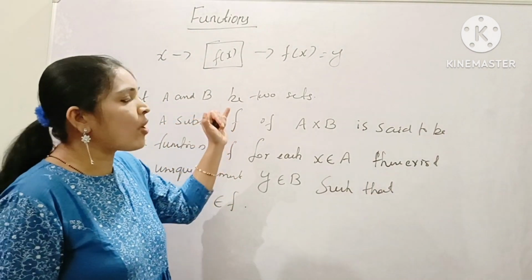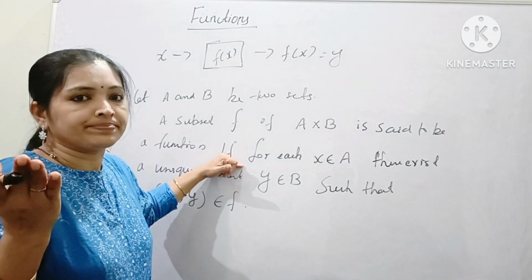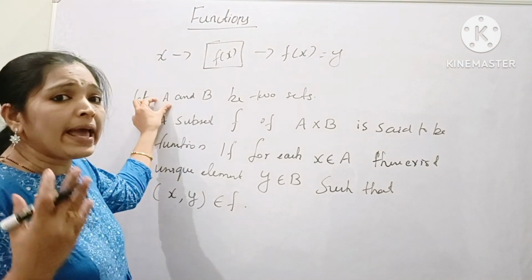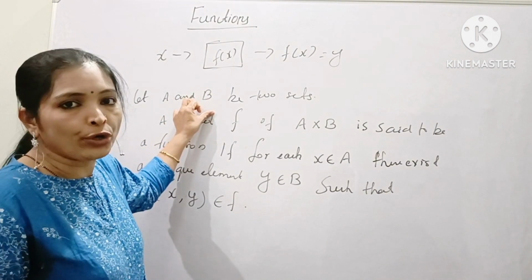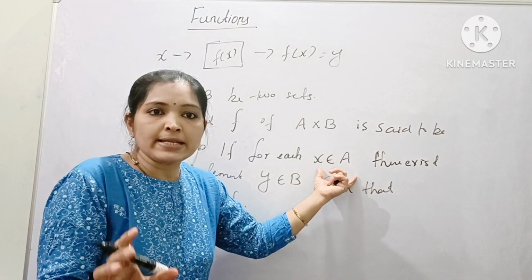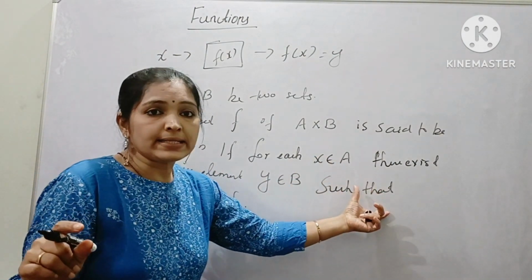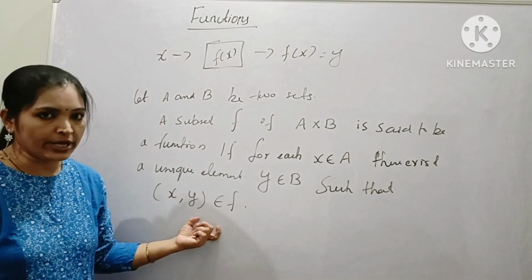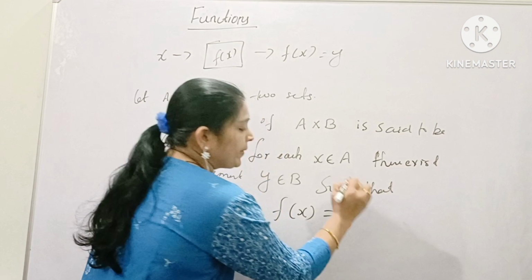A subset f of A cross B is said to be a function from A to B if for every element of the domain there is a unique element y belongs to B such that (x, y) belongs to f, or as we usually denote it, f of x is equal to y.